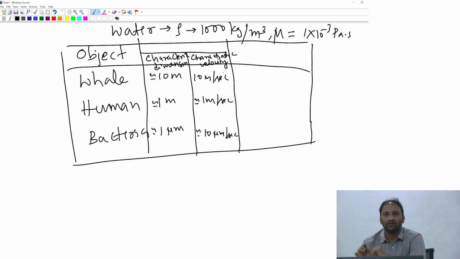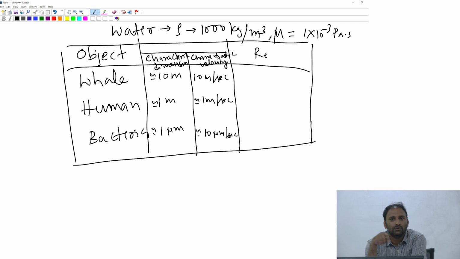That's the typical. Now I want you to calculate the Reynolds number associated with the motion of these objects in water. That's the question. So how do we go about doing it? Just plug in all these numbers.